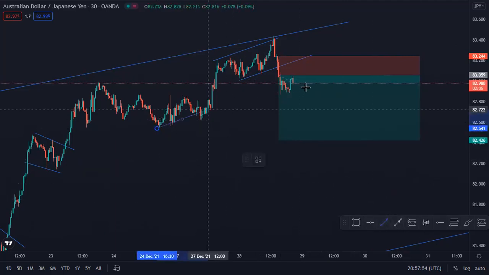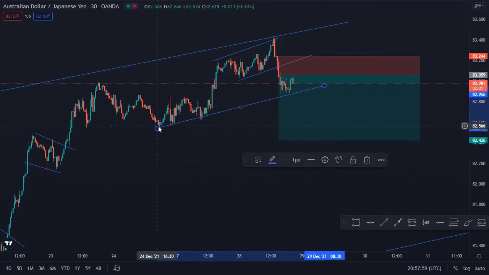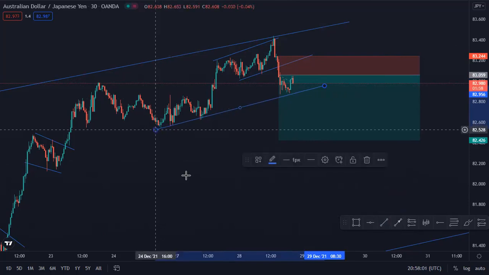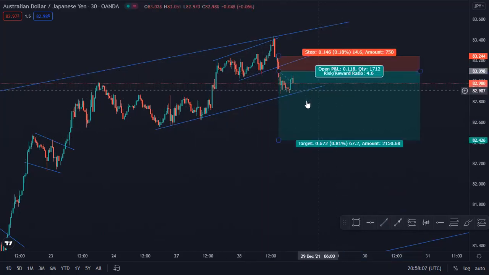Also here, you can still wait for another confirmation here for the market to break down this level.